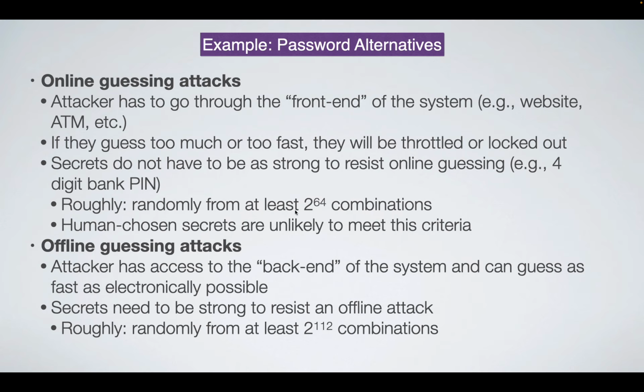If you want to think in numbers, if there are over 2 to the 64 combinations, we'll say it's sort of online guessing. Fingerprints and things like that have about 2 to the 40 combinations. And cryptographic keys have up to about 2 to the 112 or 128 different combinations.